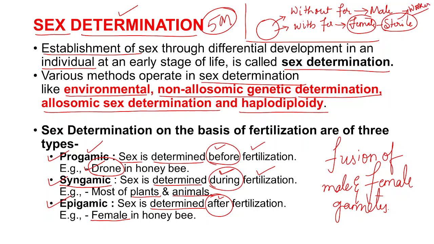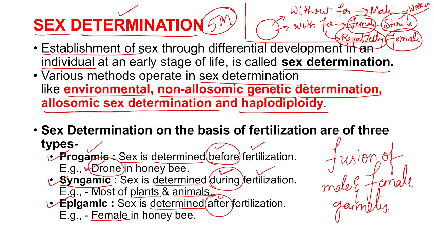And if the egg after fertilization is to develop into an active, that means fertile, female, that particular individual should be fed with a material called royal jelly. If the larva is fed with royal jelly, then that bee will develop into a fertile female individual.